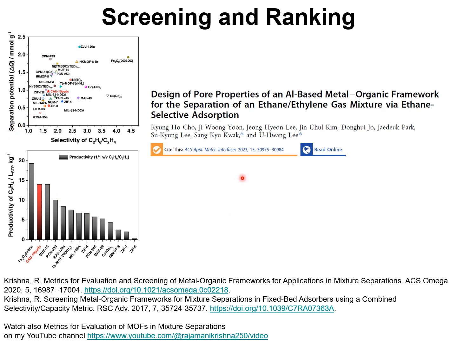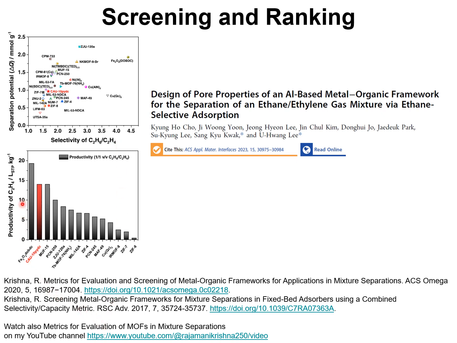I show here a graph taken from this paper, shown here, wherein a variety of MOFs for C2H6, C2H4 separations are compared on the basis of the separation potential and the selectivity plotted on the x-axis.